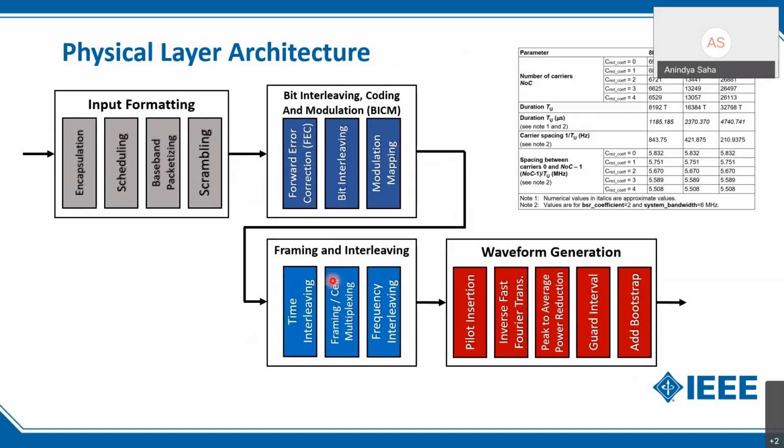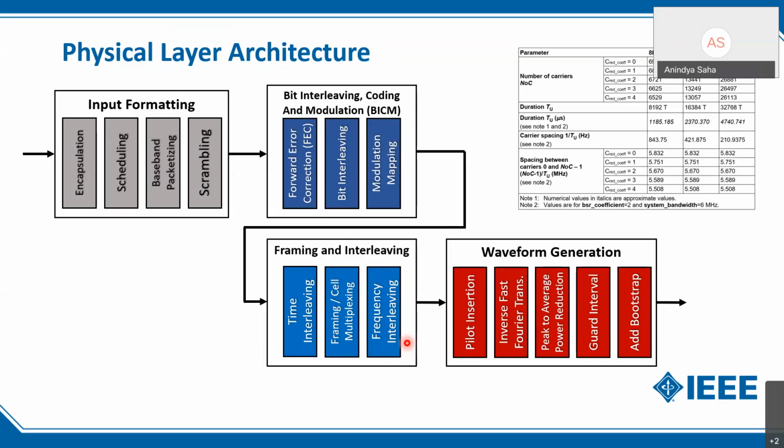This is followed by an OFDM framing module. There is some amount of multiplexing here, and then it is followed by frequency interleaving. Frequency interleaving is a very important aspect because in the real world there are channel effects like deep fades or nulls, which need to be countered. And broadcast is another medium.